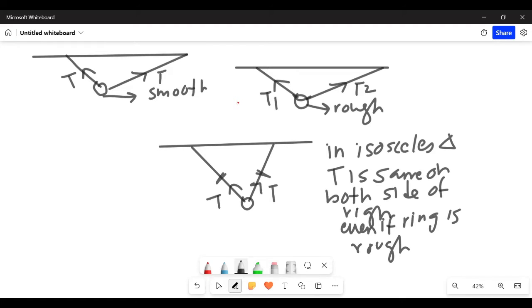So if the triangle given in the setup is an isosceles triangle, then even if the ring is rough, the tension on either side of the string is going to be T.